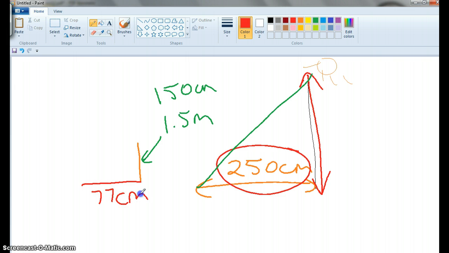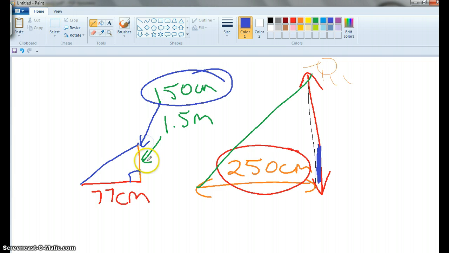77 centimetres. Okay, so that's a right angle because you made sure that it was on right angles from the ground because you actually put it alongside the post, yeah? So we knew the thing we were measuring was 150 centimetres high, and we knew the shadow was 77.